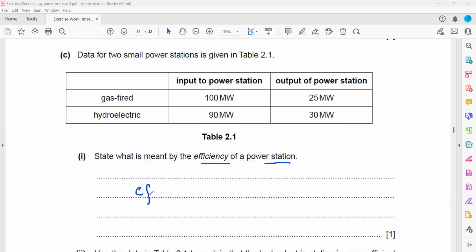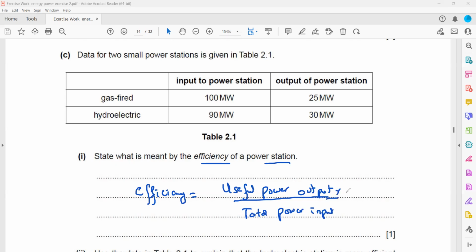You write efficiency in terms of power: it is useful power output divided by total power input, times 100.